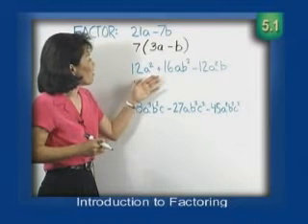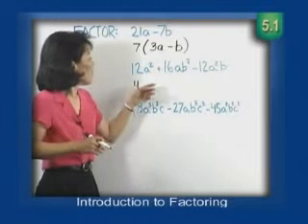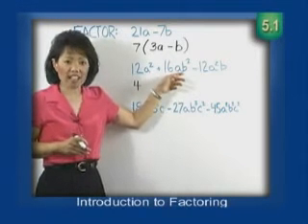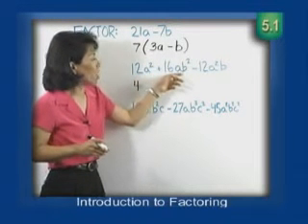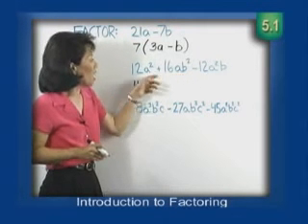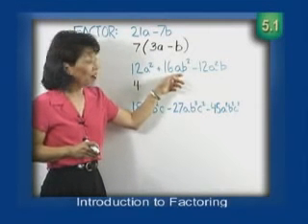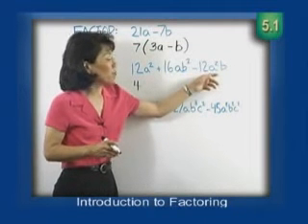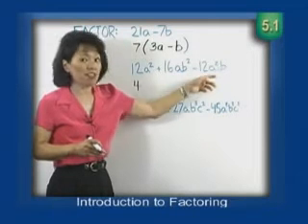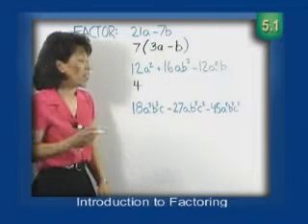Now let's see if we have any common variables. My first term has an a squared. My second has just an a. So what do they have in common? Since this one only has one a, they have in common just a to the first power. I must check to see if my third term also has at least an a to the first power, which it does, so a becomes part of my GCF.